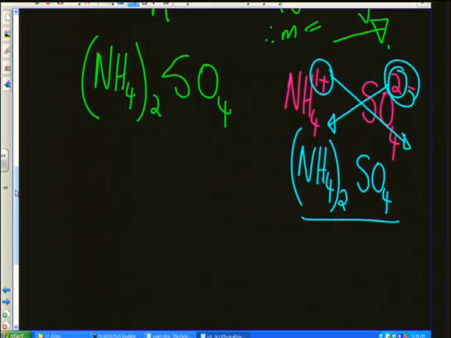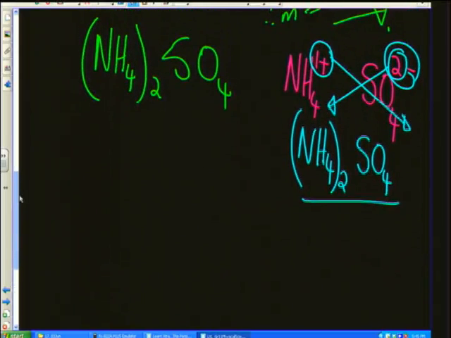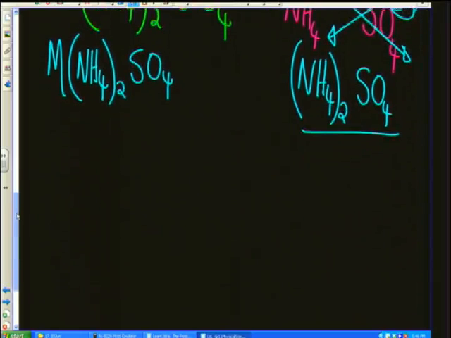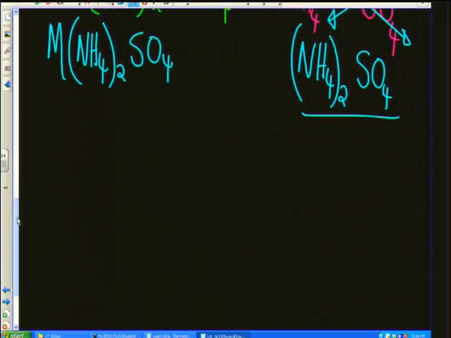So if I have it like that, for example, and I want to find the molar mass of (NH4)2SO4, what am I going to do? In the same way, we found what nitrogen is. And I'm using brackets here because I've got other things coming inside there.